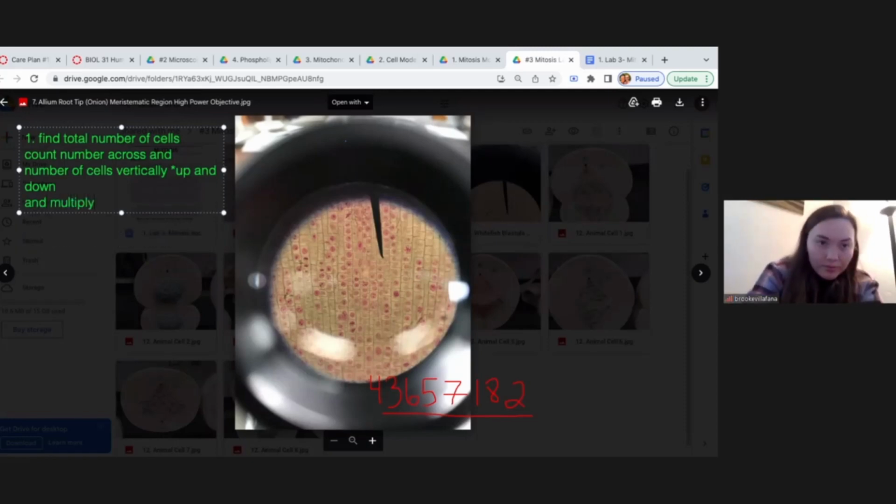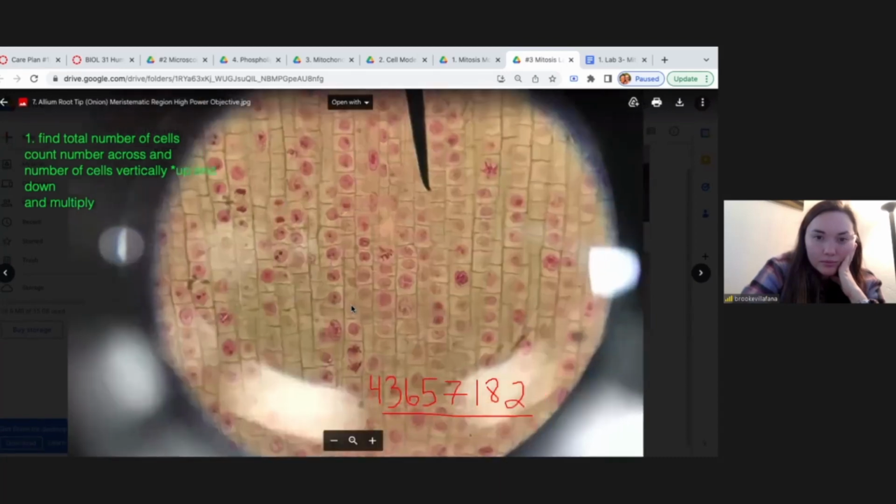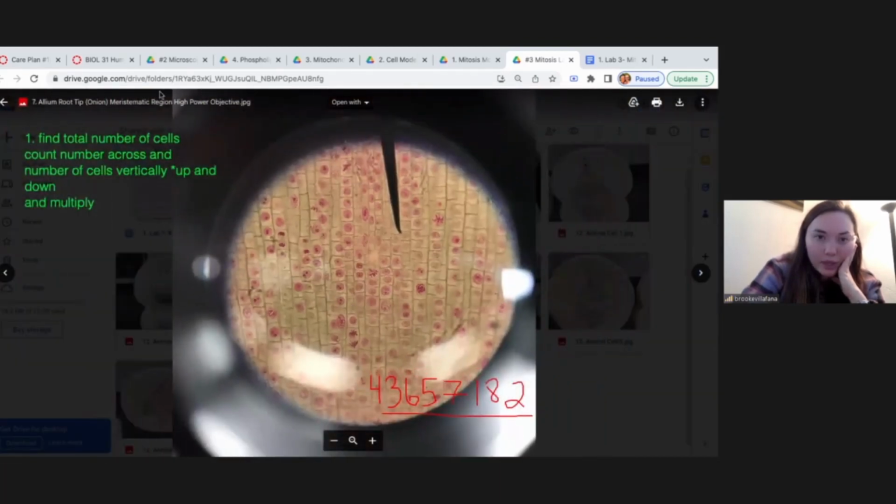For this example, I'm going to zoom in a little bit. We're just going to do it very quickly, it's not an exact thing. 1, 2, 3. I'm kind of counting this row. 4, 5, 6, 7, 9, 10. I think that 25 are up and down.